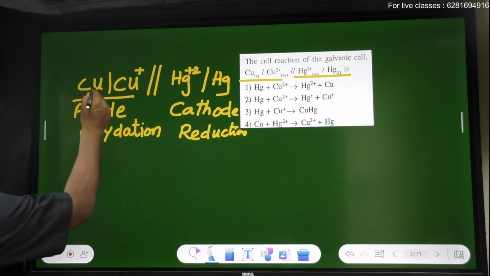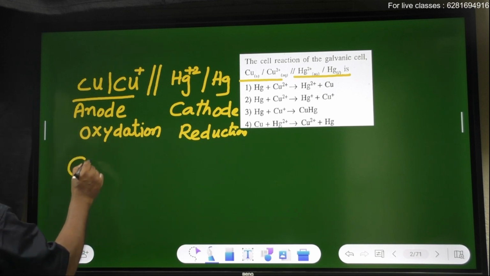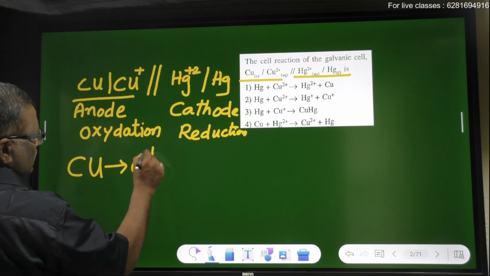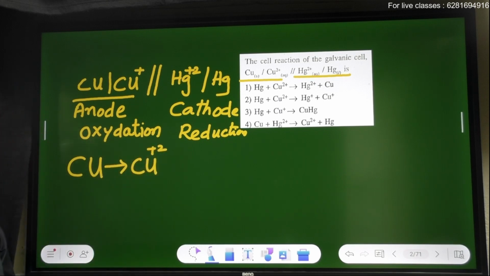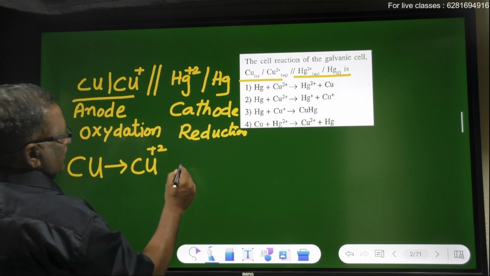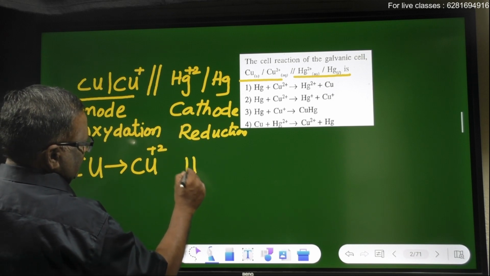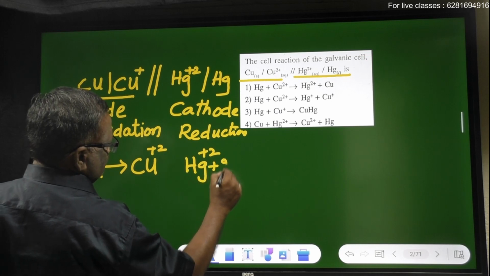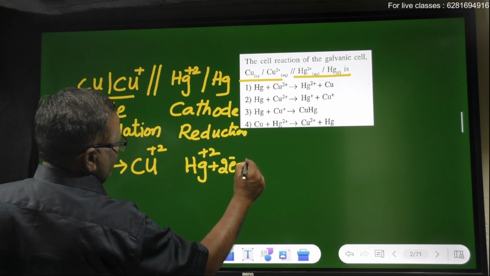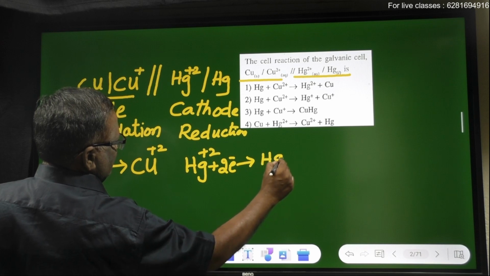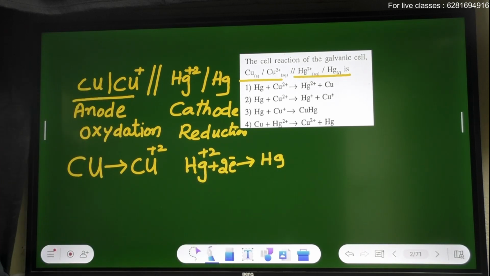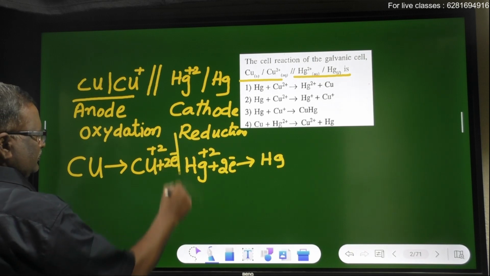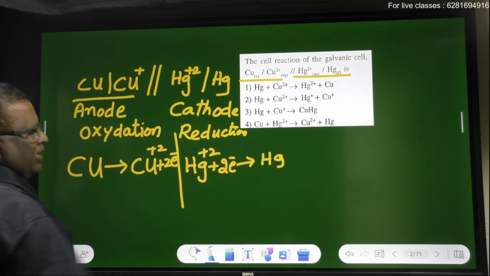So the cell reactions are: copper oxidizes to Cu+2 at the anode by liberating 2 electrons, and at the cathode Hg+2 ions by accepting 2 electrons are converted into Hg. These are the half cell reactions. This is the anode reaction and this is the cathode reaction.